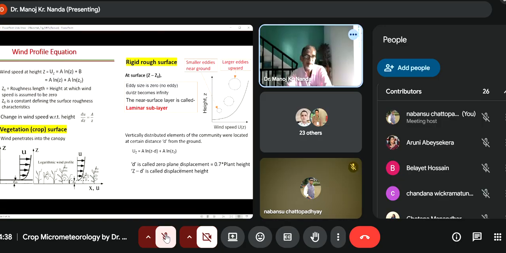Generally zero plane displacement is 0.7 into plant height, and Z minus d is displacement height as I told earlier. So now du by dz is equal to A by (Z minus d). Previously I was saying it A by Z, but for top surface it becomes A by (Z minus d), as I told that all Z will be replaced with Z minus d for a top surface.